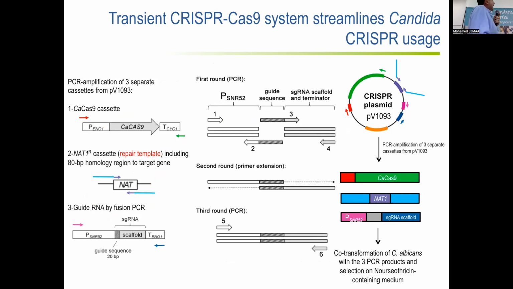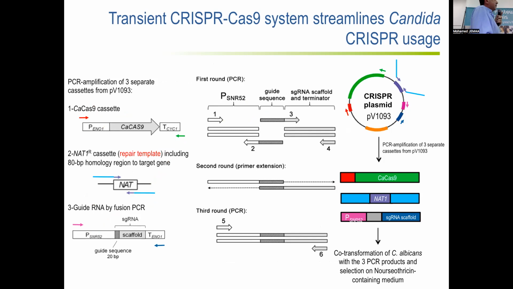And then the sgRNA, with the blue and pink primers, you would perform a fusion PCR by designing your 20 base pair guide RNA and the primer that you'll be using to first amplify the promoter of SNR52.